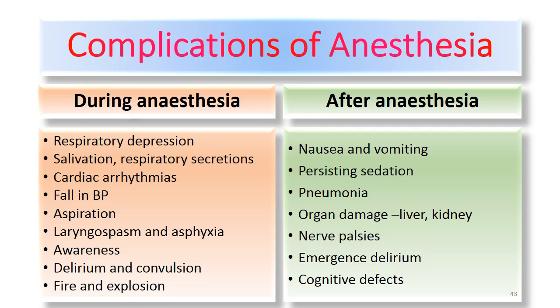There are two stages of complications of anesthesia. During anesthesia, it may cause respiratory depression, salivation, respiratory secretion, cardiac arrhythmia, fall in blood pressure, aspiration, laryngospasm and asphyxia, awareness, delirium and convulsions, fire and explosion when general anesthesia is concerned.